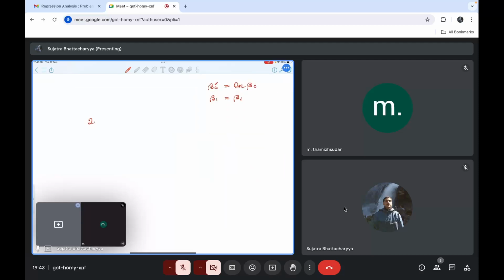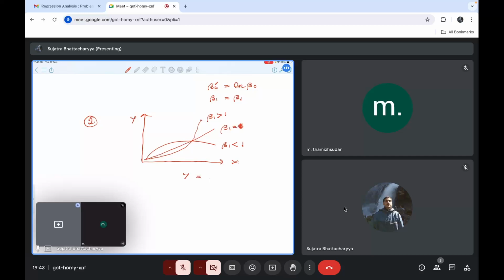Second case is when you have some kind of a fitting like this between x and y, sometimes like this, and somewhere like this. These are beta 1 greater than 1, beta 1 equal to 1, and beta 1 less than 1.